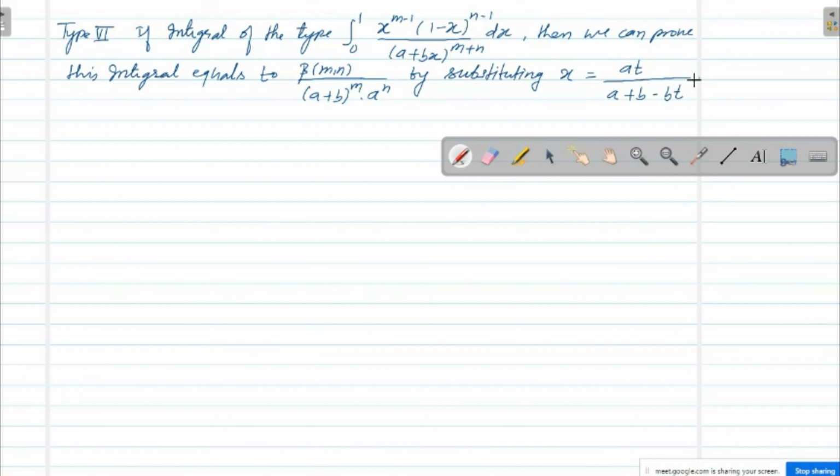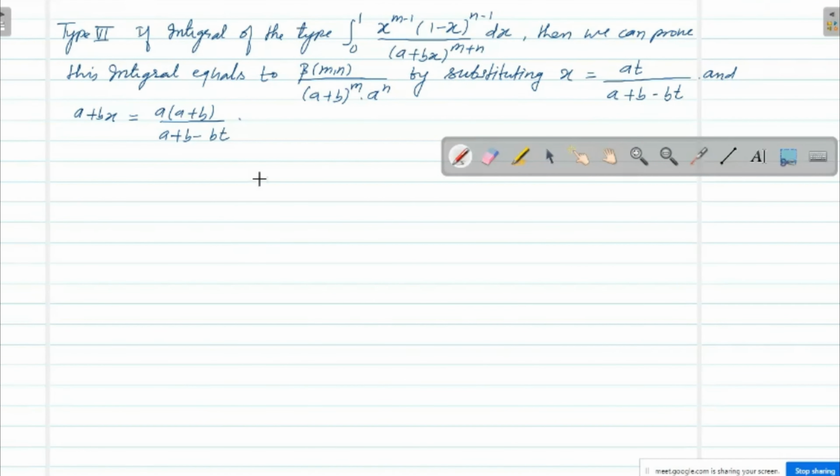Okay, and a plus bx equal to what, a plus b divided by a plus b minus bt.